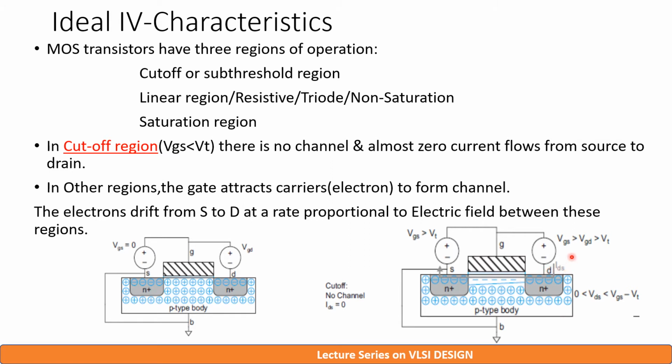As you increase the drain voltage, the junction at drain and substrate gets reverse biased, hence the width of the depletion region increases and the channel becomes non-uniform. Further increase in the drain voltage will cause the channel to get pinched off.